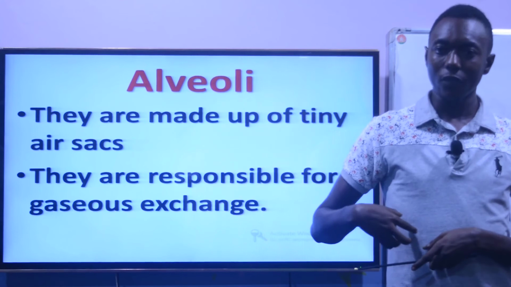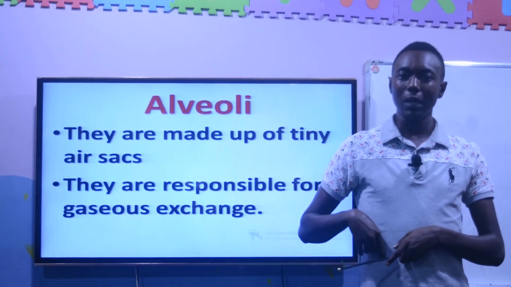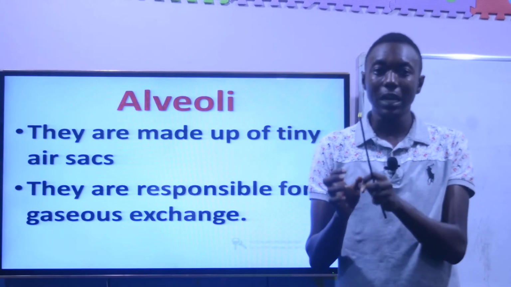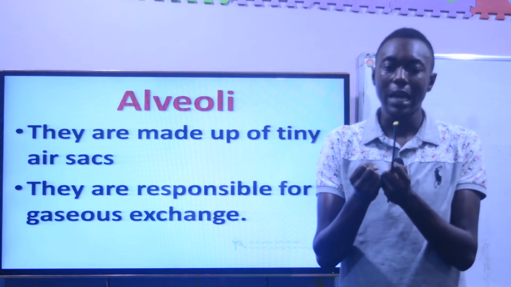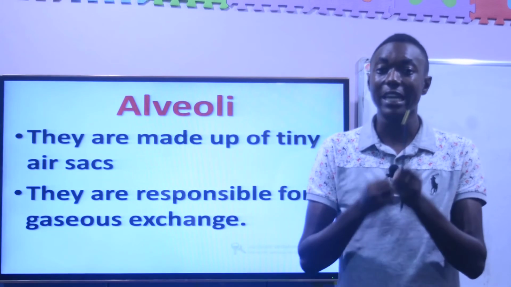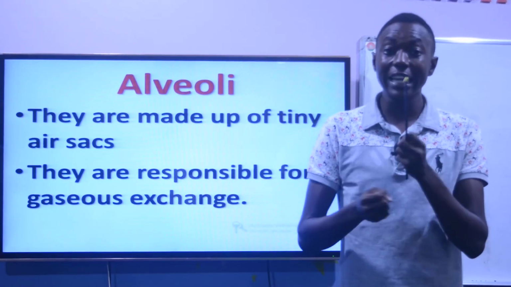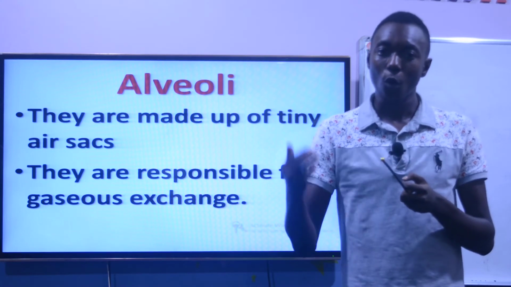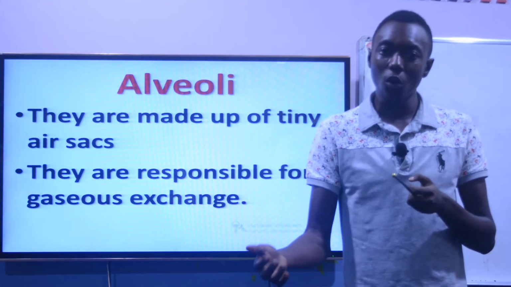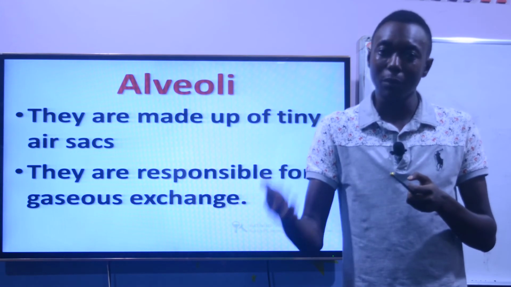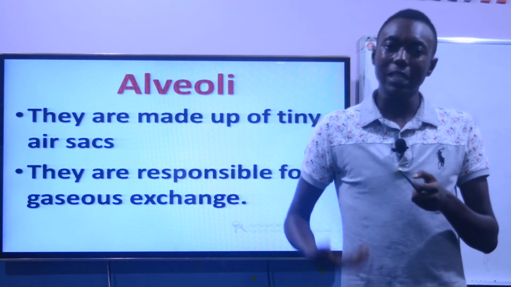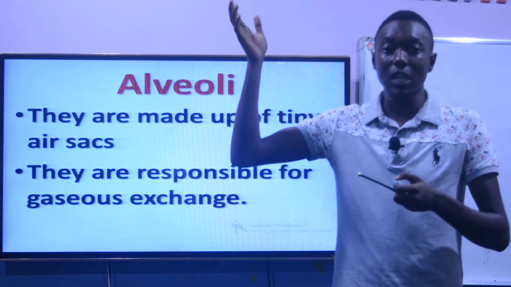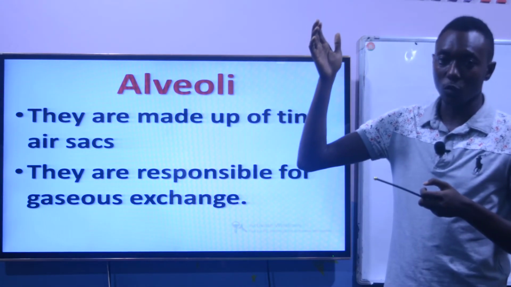From there, the air moves into your blood capillaries, so that the blood will get the air and then help it release the energy you need. After the energy has been released, that's the same area where the carbon dioxide, which is not needed by the body, is taken to, so that the lungs will then release it into the atmosphere.